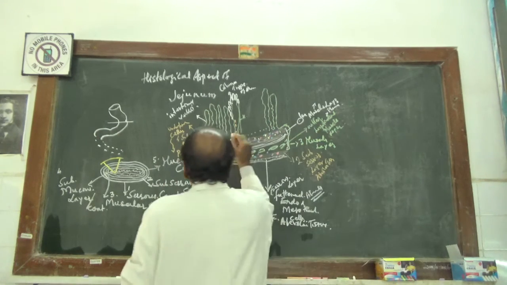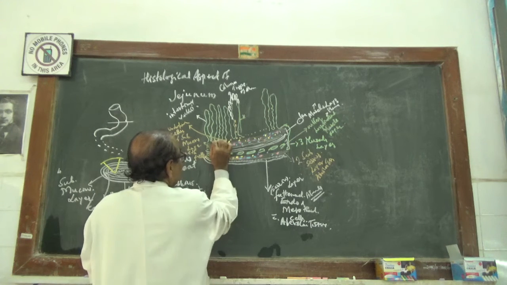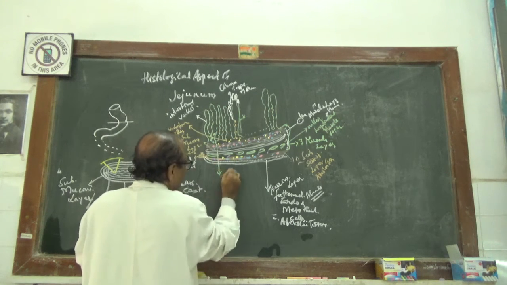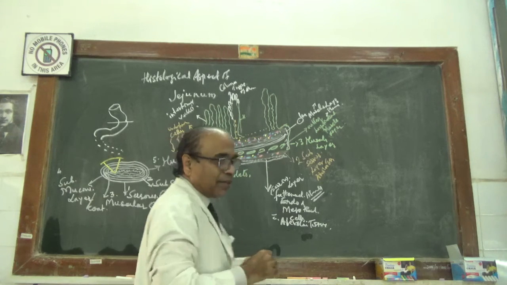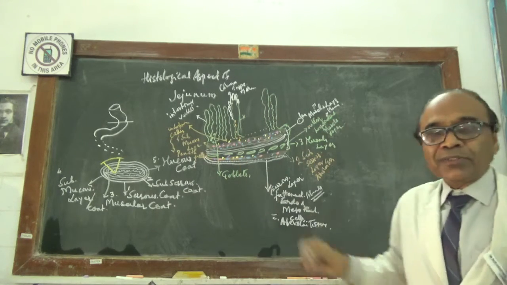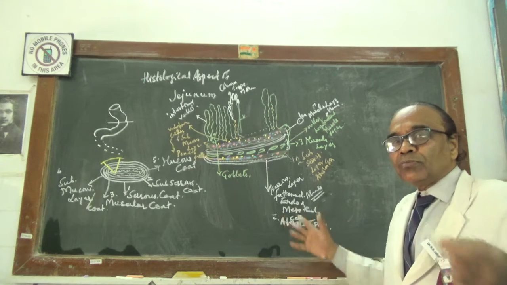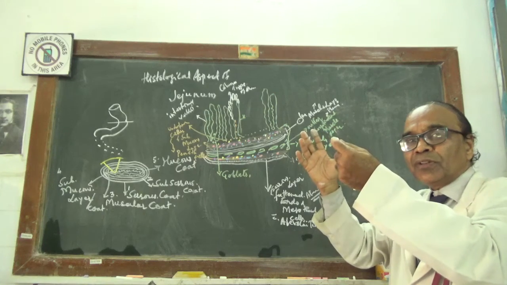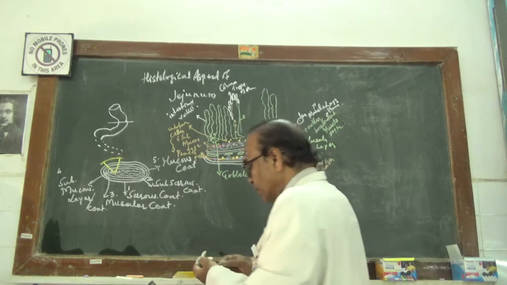Then you will have other cells in the close vicinity. They are called goblet cells. Now these goblet cells have a much bigger bottom, while the upper part of the cell is a little bit narrowed, just like a basket type.